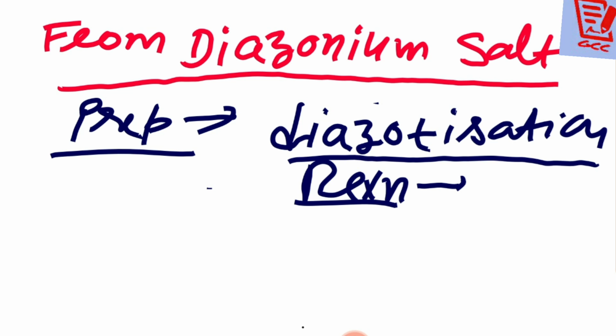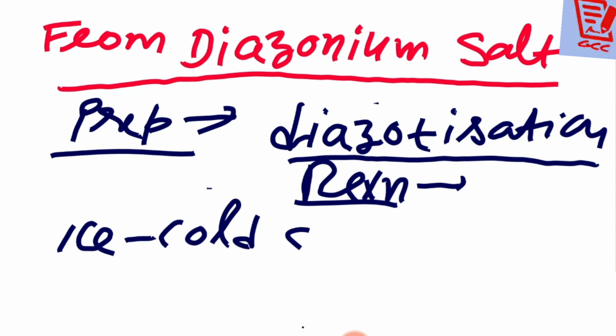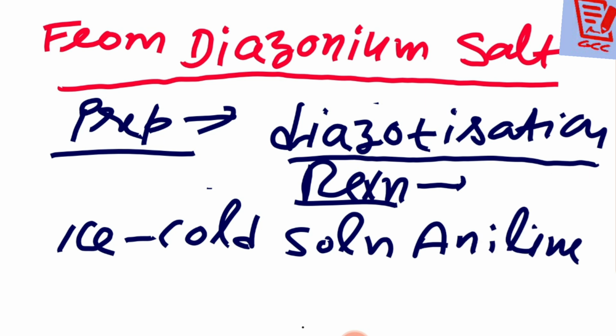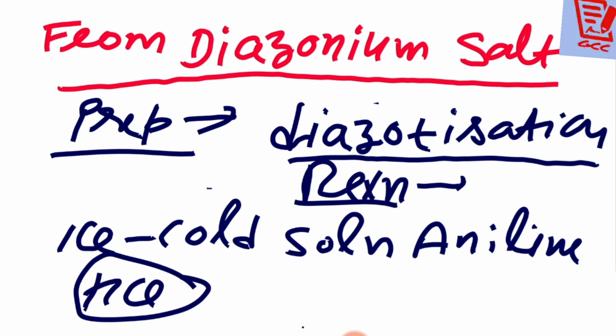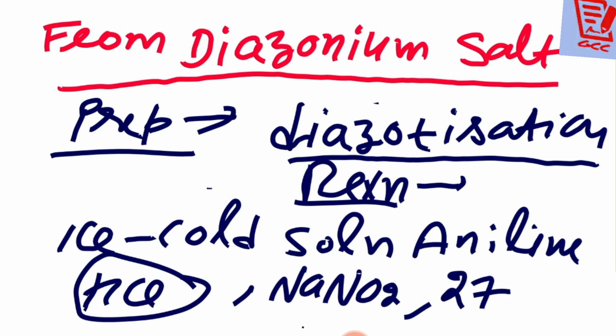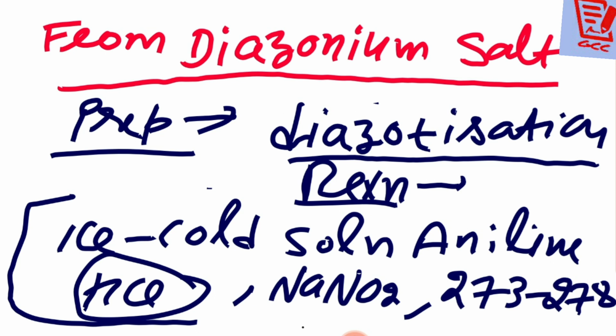Acid cold solution of aniline. Usually we are taking an ice cold solution of aniline, and we are using it with excess HCl, and we are using a solution of sodium nitrite, NaNO2. The temperature condition will be 273 to 278 K. Under these conditions, the reaction that occurs is called the diazotization reaction.